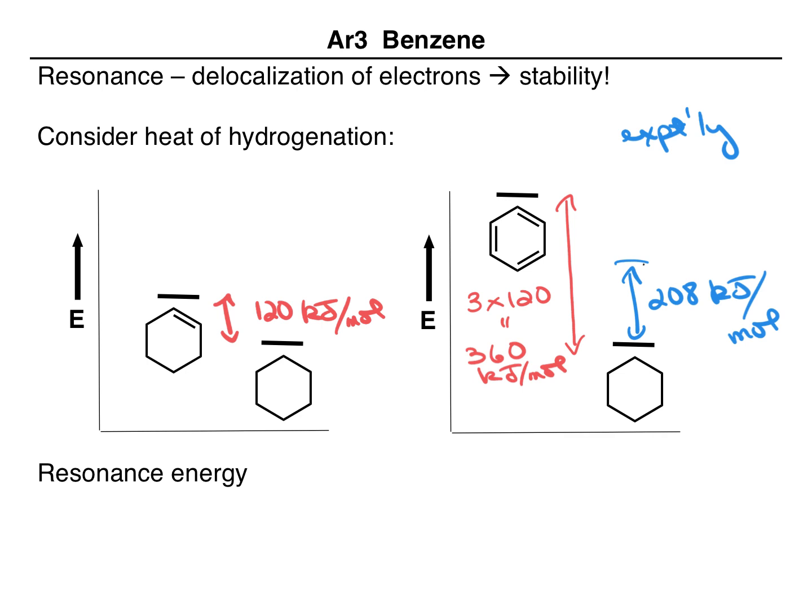Instead, it is much lower than would be expected. How much lower? Well, we have a difference of 152 kilojoules per mole of what's called resonance energy. So that extra stability compared to the hypothetical cyclohexatriene. And so this gives us information on how much stabilizing is brought about because of the delocalized electrons.